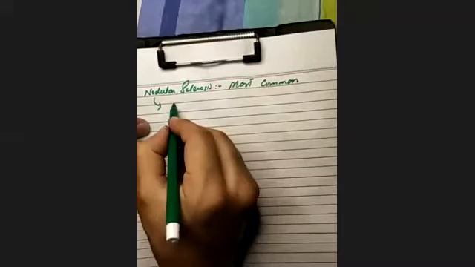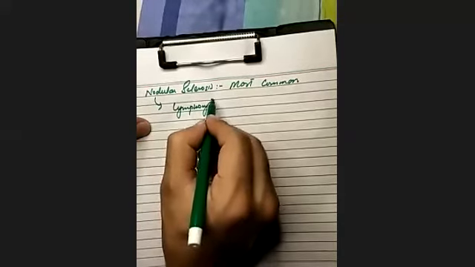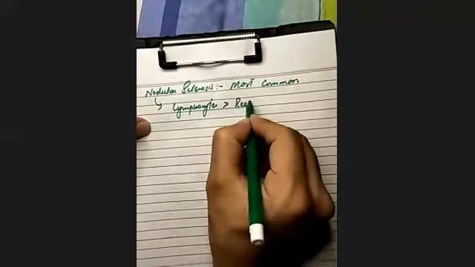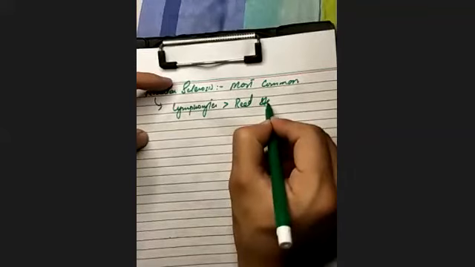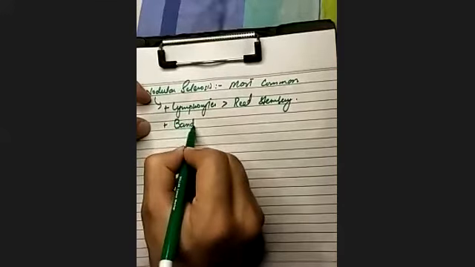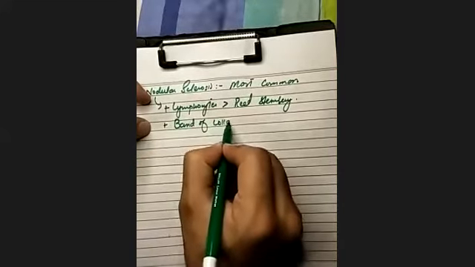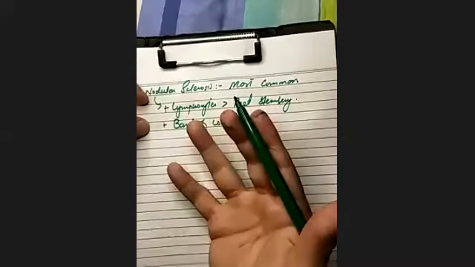You have more lymphocytes than the Reed-Sternberg cells, plus bands of collagen, so abundant collagen material.